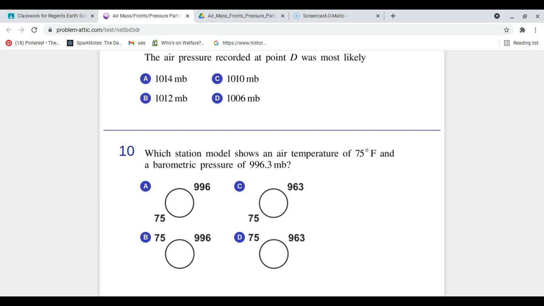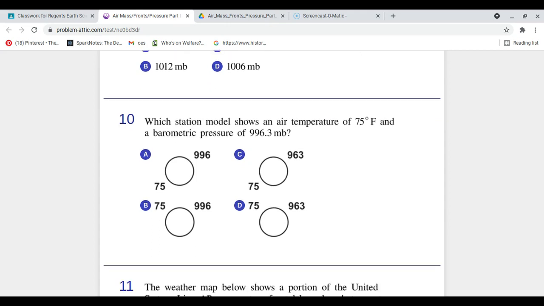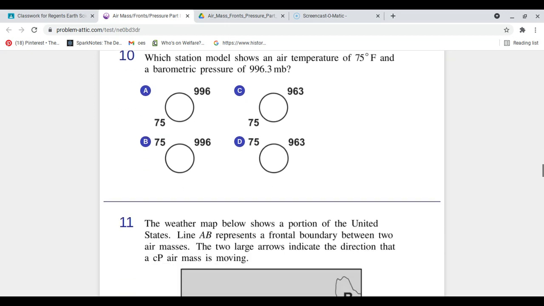A and C. Perfect. We're getting rid of A and C. So it's either B or D. And what's our rule of thumb when we convert it? We drop the decimal and take the last 3 numbers. Okay.